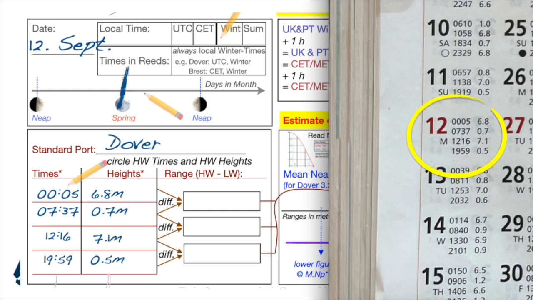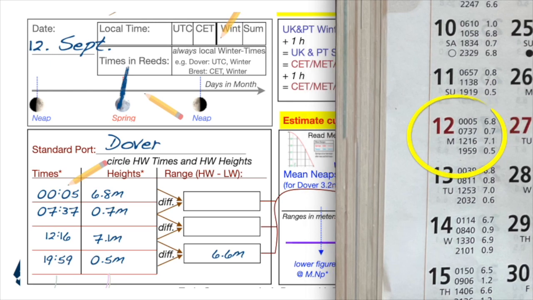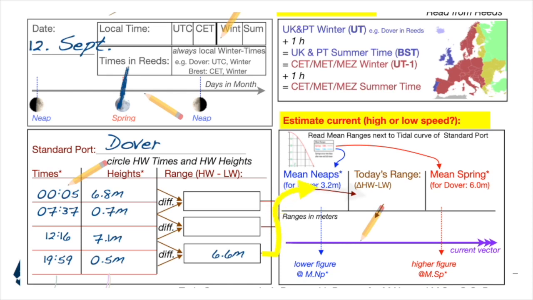So we take the difference between 12:16 and 19:59, the range there, that is 7.1 meters and 0.5 meters. And the difference there is 6.6 meters. So that's a lot. So that 6.6 meters goes over to my right box. It goes over here, and you write 6.6 meters.